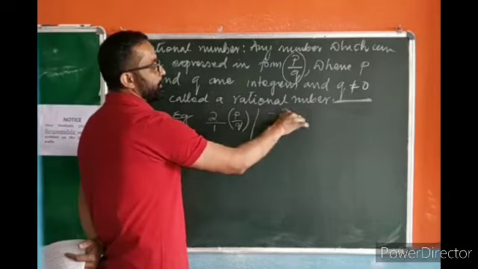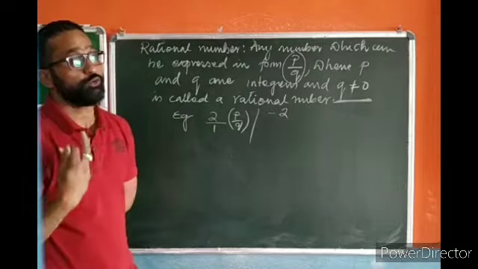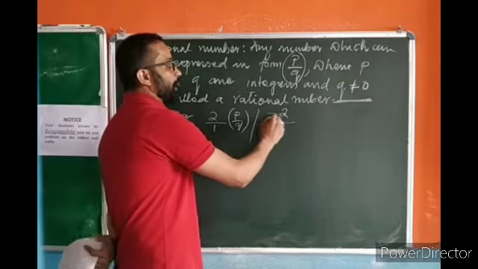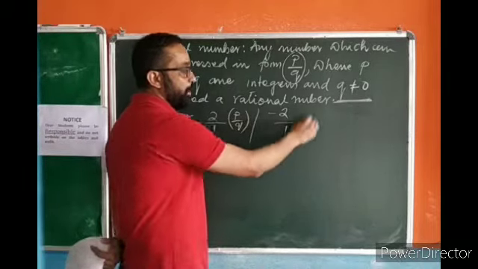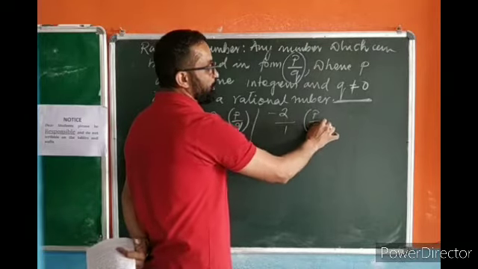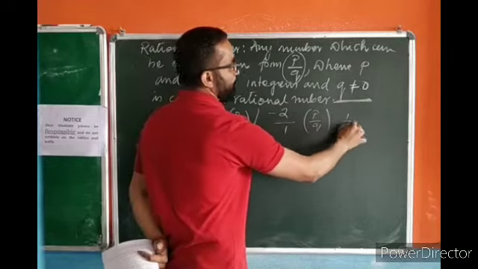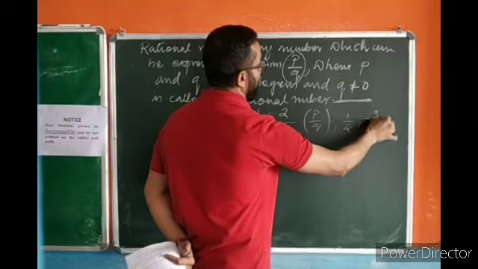Second one, you can take minus 2. Minus 2 is also a rational number. It can be written as minus 2 divided by 1. It is in the form of P by Q. Or you can write 1 by 2, minus 3 by 2.